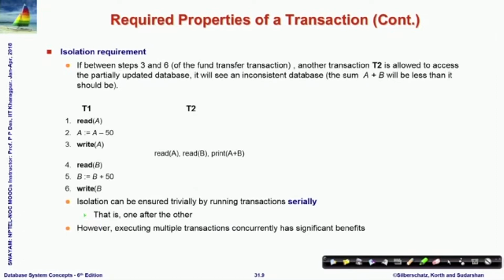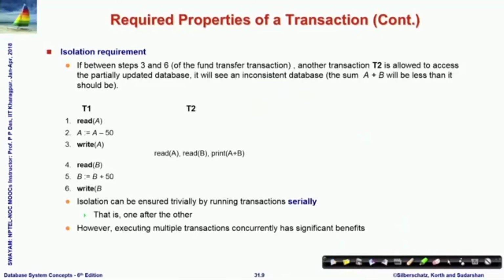So, it will appear as if there is some inconsistency that has happened. So, the isolation requirement says that when transactions occur concurrently, the net effect of the transactions should be as if they happened, either first T1 happened and then T2 happened, or first T2 executed and then T1 executed.